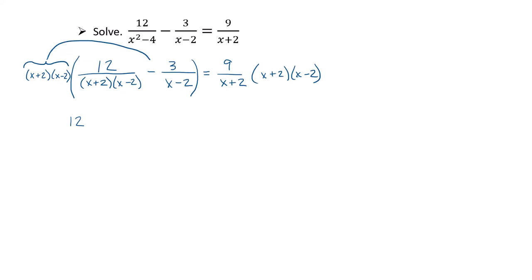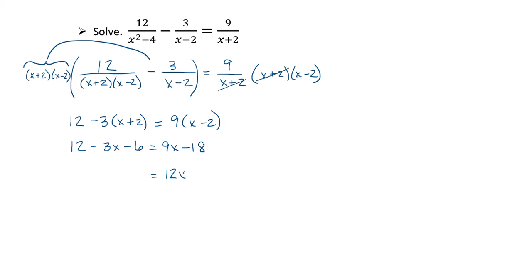When I'm multiplying it by the second fraction, the x minus 2's are removed, and I have a minus 3 times x plus 2. On the right hand side, my x plus 2's are removed, and I have a 9 times x minus 2. So this is 12 minus 3x minus 6 equals 9x minus 18.